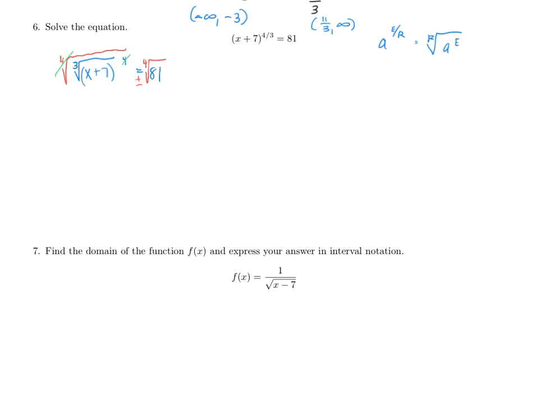And so you'll be left with the cube root of x plus 7 is equal to, plus or minus, the fourth root of 81 is 3. All right, and so now we need to get rid of the cube root. So we're going to cube both sides.